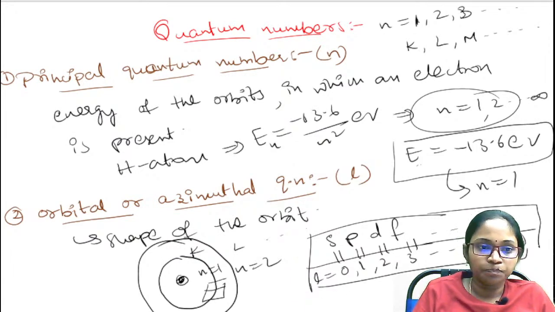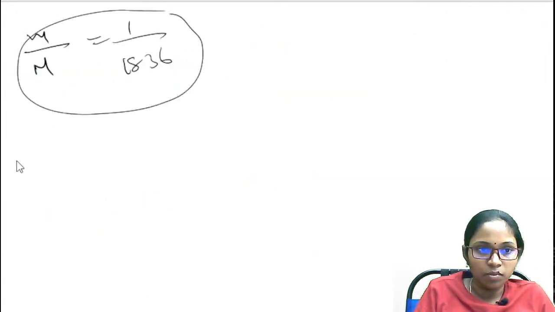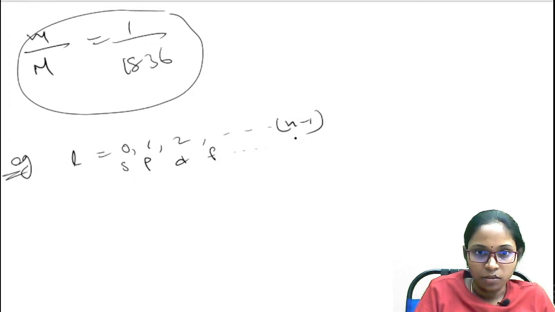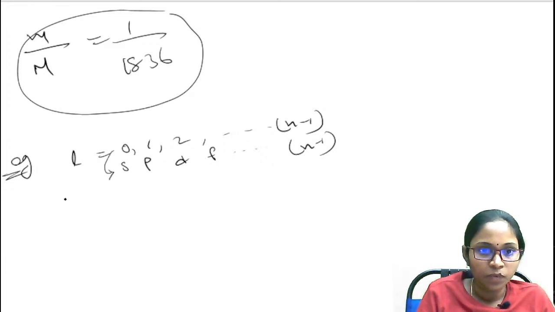For example, I'm writing the example here. L can take values from 0, 1, 2, 3 and so on to n minus 1. That means you can also represent the subshells with S, P, D, F. These are small letters.